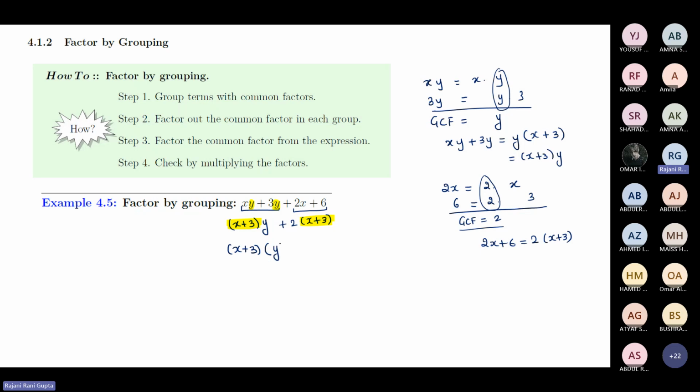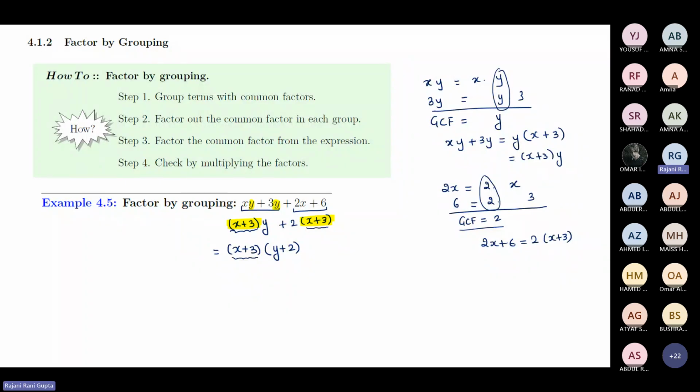You are left with y here plus 2. So this is the factorization of this term by grouping. What we are doing here is we take terms in pairs, find the greatest common factor, and then once we see a common term, we write that as a common factor.